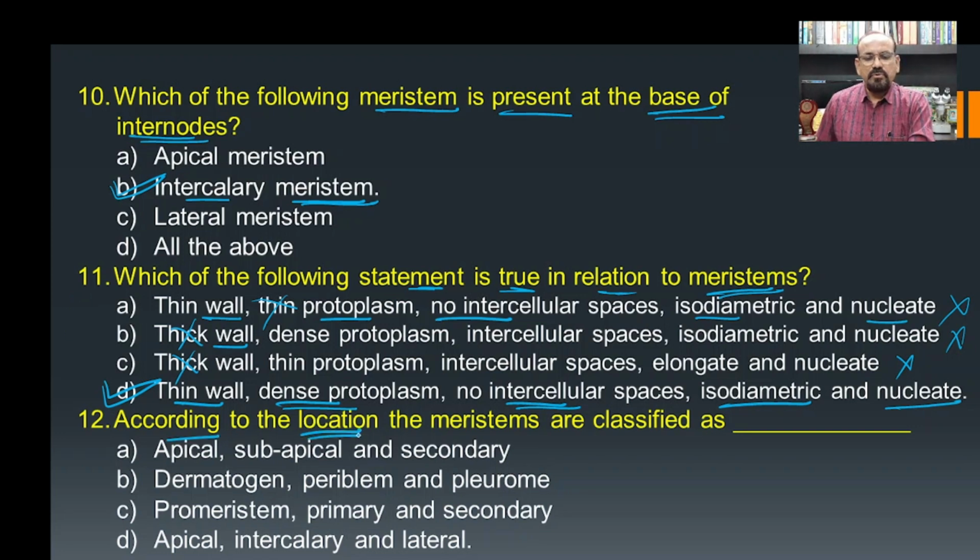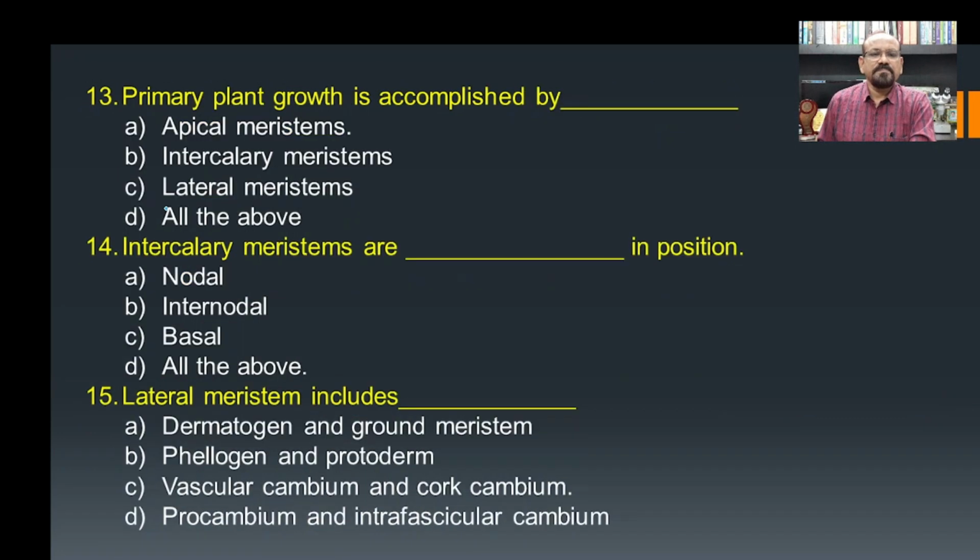According to the location, the meristems are classified, as you might have studied, as the apical meristems, intercalary meristems and the lateral meristems, and hence D will be the correct answer for this question.